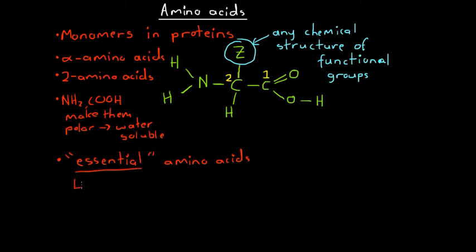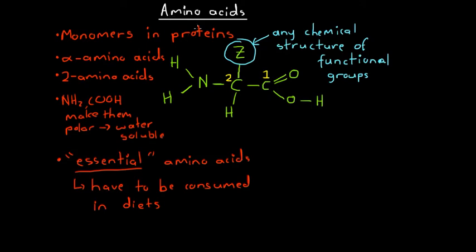So these are the ones that have to be consumed in our diets, because our body can't produce them. So these are a few important properties and ideas that relate to all of our amino acids.